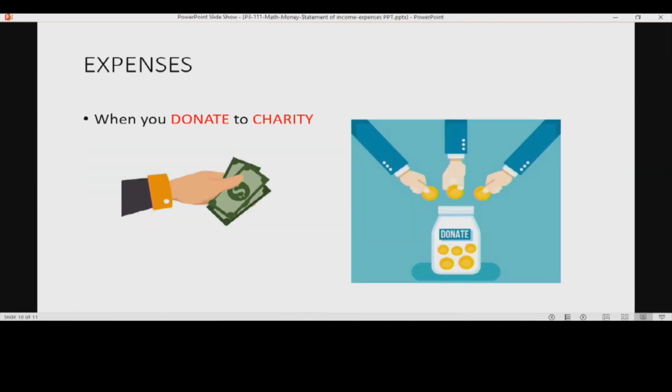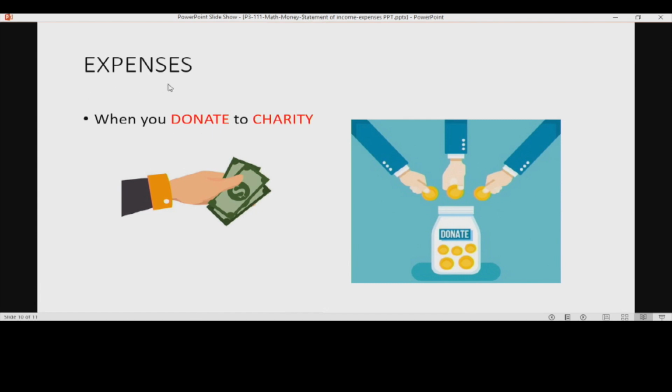But sometimes we do other things. We give money for good causes. These good causes are for people who are not as fortunate as ourselves. And this is called charity. Yes. And when we give money to a charity, this is known as donate.